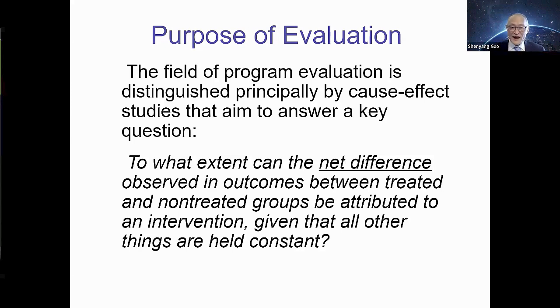Many of us are doing program evaluation. Program evaluation basically aims to link the net differences observed in outcomes between treated and non-treated groups to the fact that one group used the intervention, used the treatment, and the other did not.